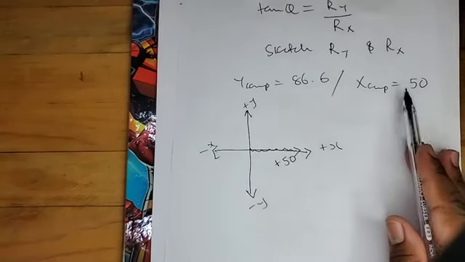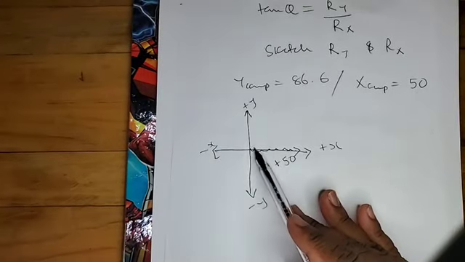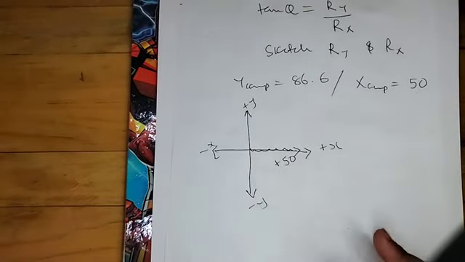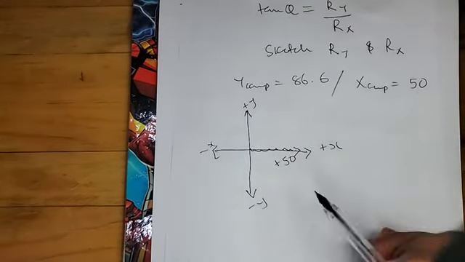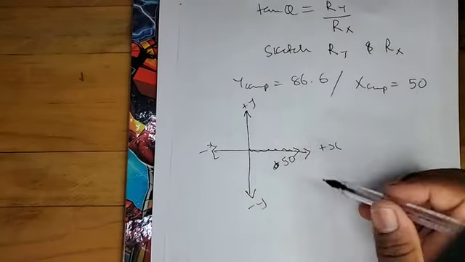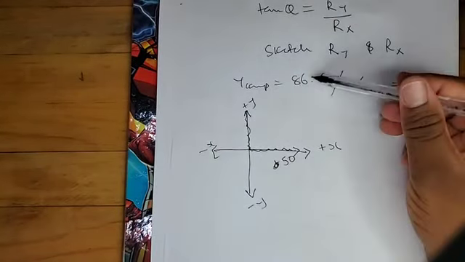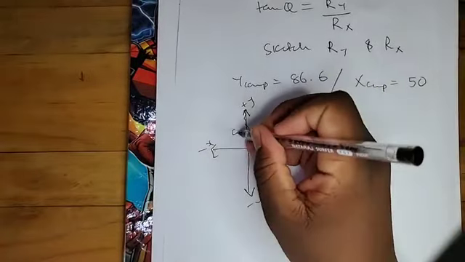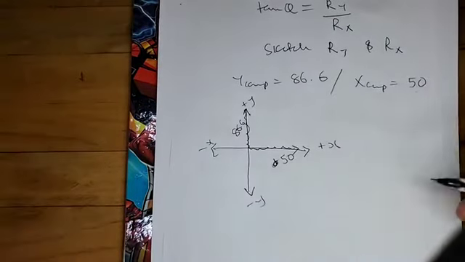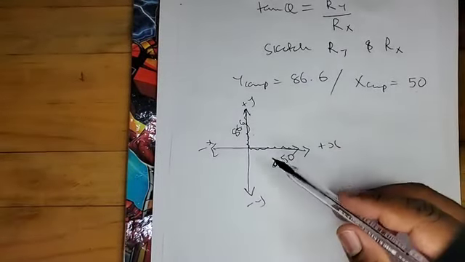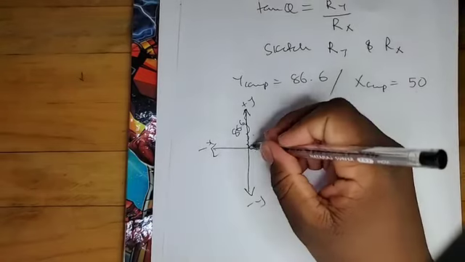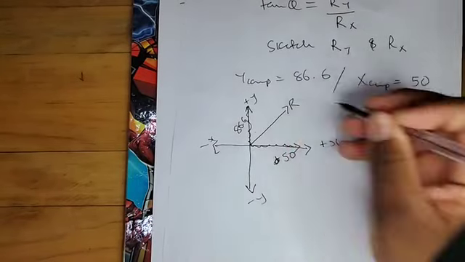If it had a negative, the negative would only imply the direction as to either left or down, but you still just write it as 50. Then the other vector is we're going up because it's positive in the y, so up is 86.6. So the resultant is always in between the two vectors given. So we expect the resultant to be here.